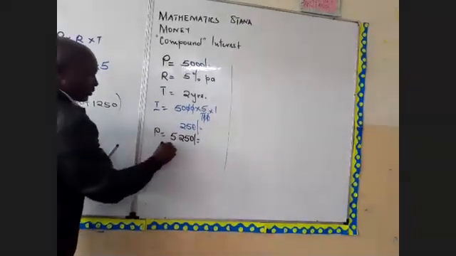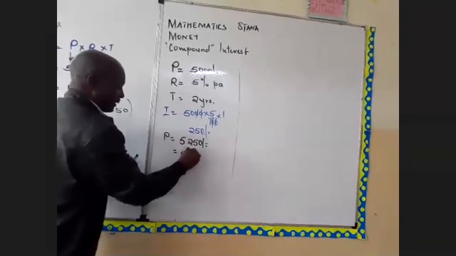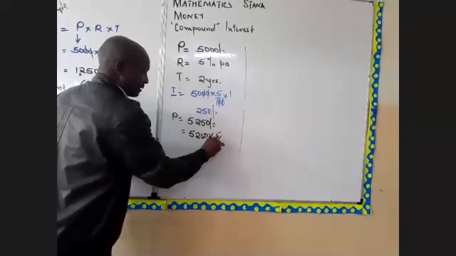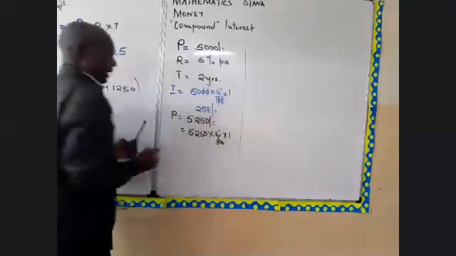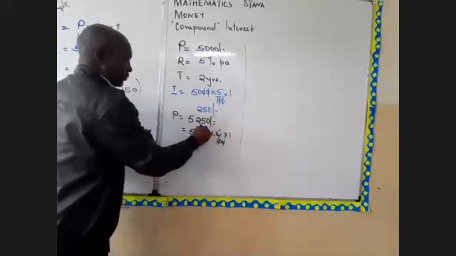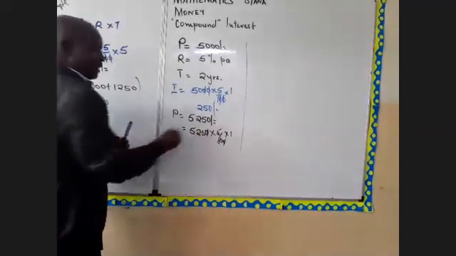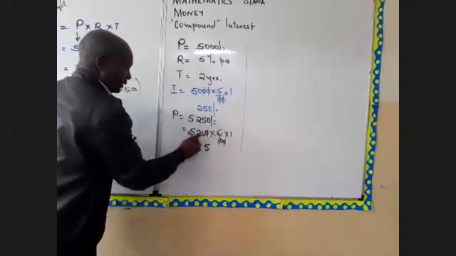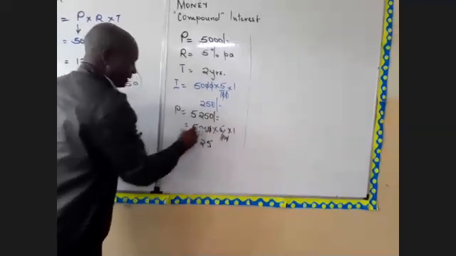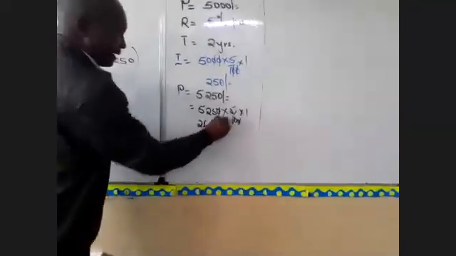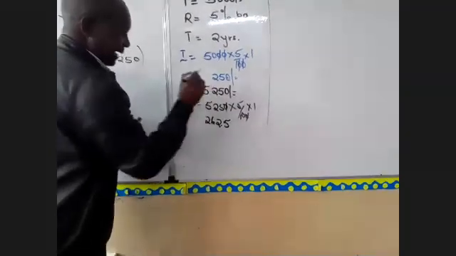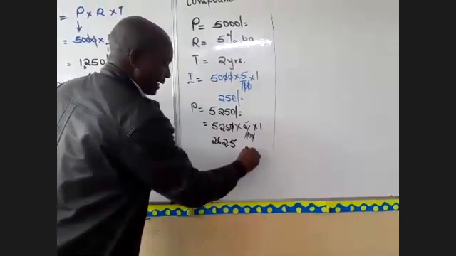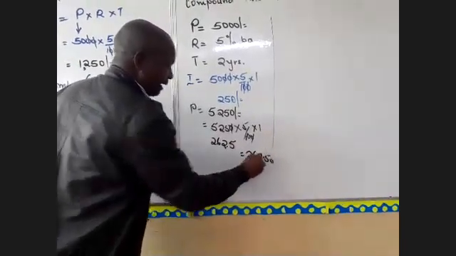And the interest will be this particular principal times the same rate times 1, that's year 2 now. So 5 times 5 is 25, carry 2, 10 is 12, carry 1, 25 is 26, divide by 10. So interest for year 2 will be 262 shillings and 50 cents.